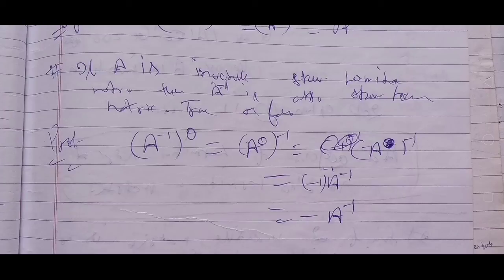True or false? Conjugate transpose of A inverse is equal to inverse of conjugate transpose of A, which will be equal to inverse of minus A, and this will be further equal to minus 1 raised to the power minus 1 into A inverse, and this will be equal to minus of A inverse.